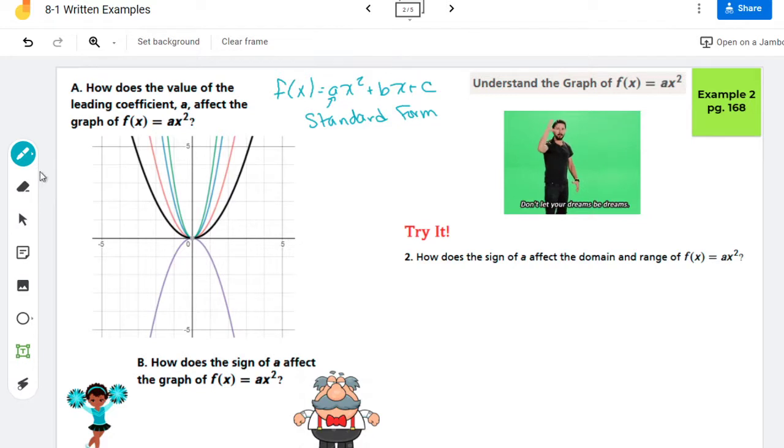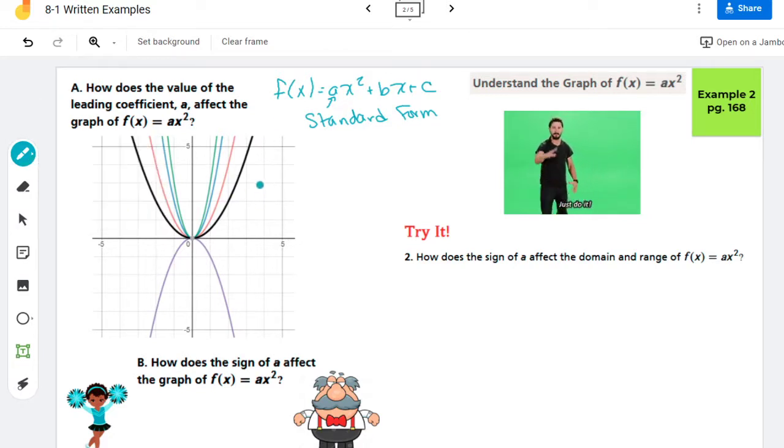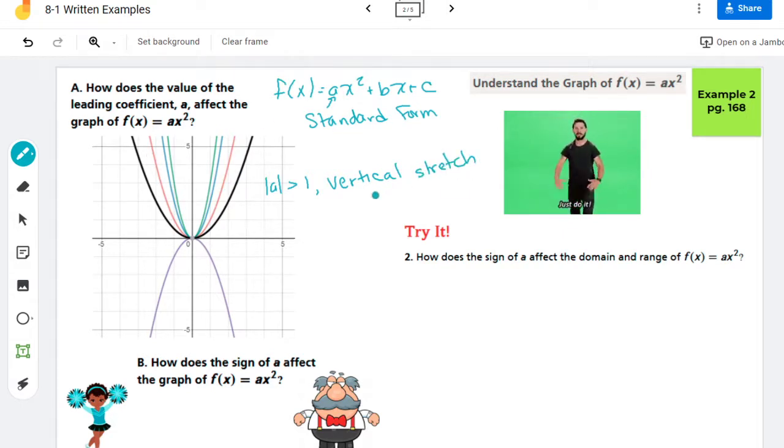Okay, so let's get you some language for this. So when I'm going to say the absolute value for a, so when just the number for a is bigger than 1, you're getting what's called a vertical stretch. Alright, that's what causes that narrowing there. Savvas is not big on calling it a stretch, they really like to call it narrow. Alright, now the black one, that one's our compression, right?